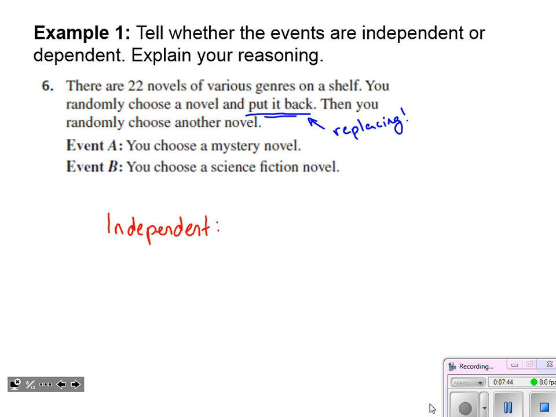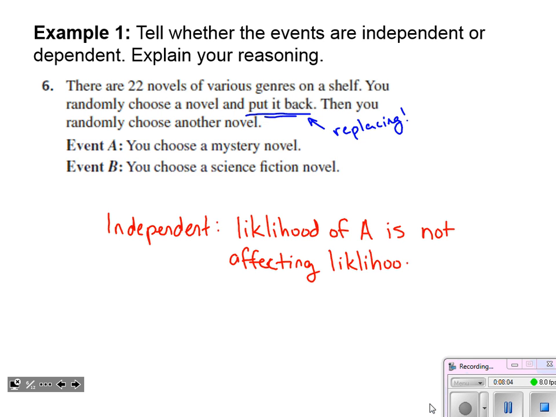Because the likelihood of event A happening is not affecting the likelihood of B occurring. And it's because we put that book back on the shelf. We had a certain probability of drawing a mystery novel and a certain probability of choosing a science fiction novel.